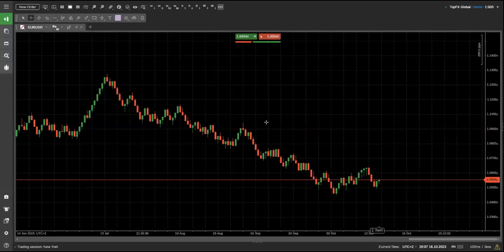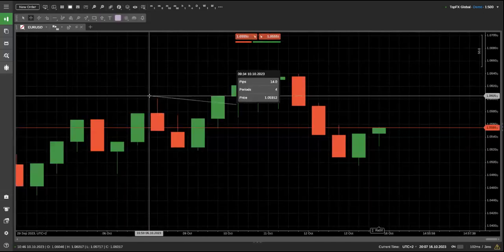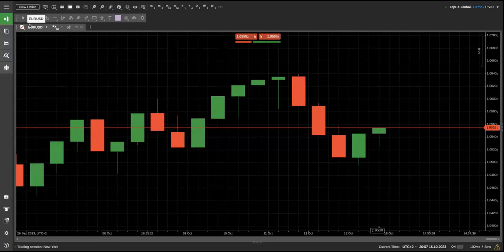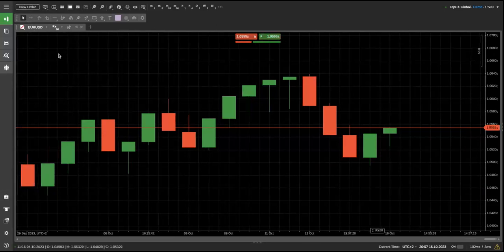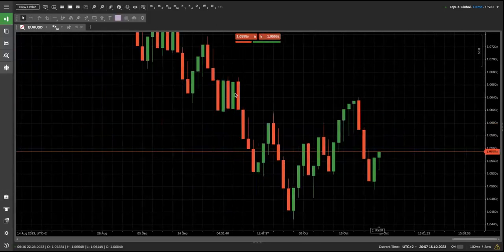Because if we have this range, for example, let me just grab back my cursor, zoom out. This range here is 50 pips each. Down 50, up 50, down 50, up 50, down 50.